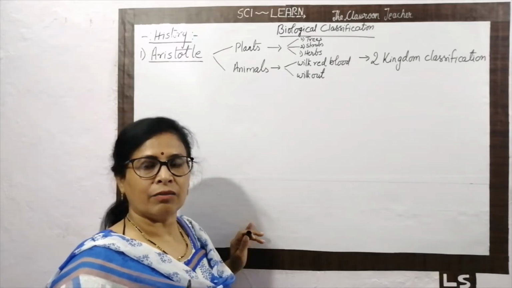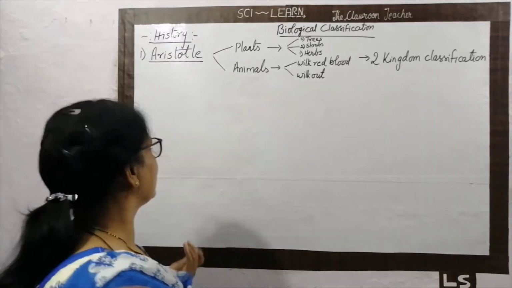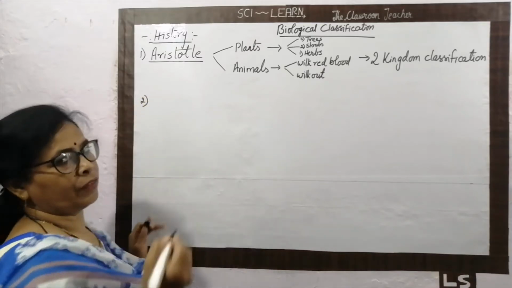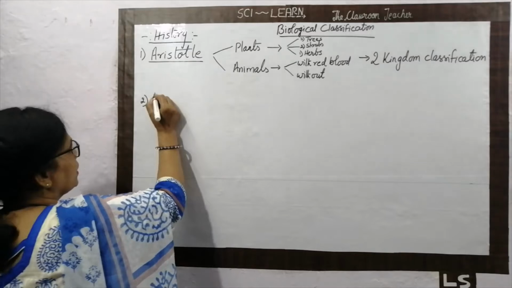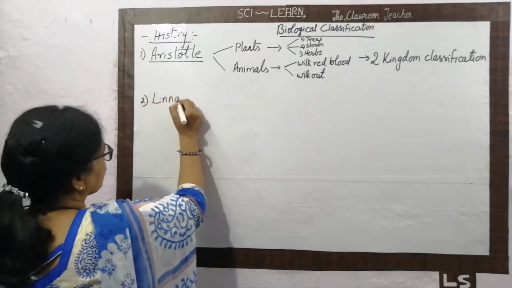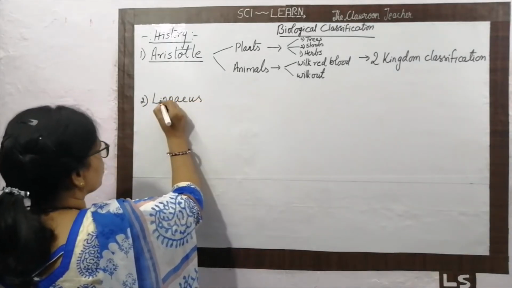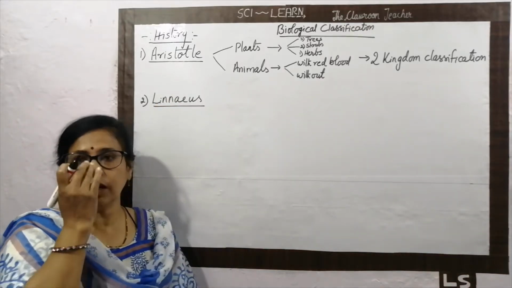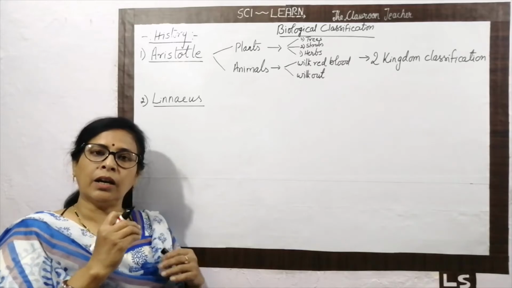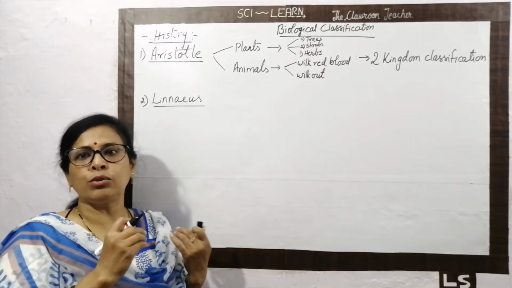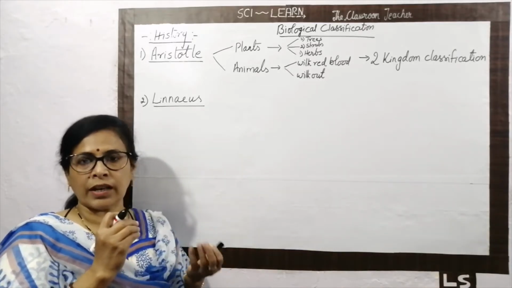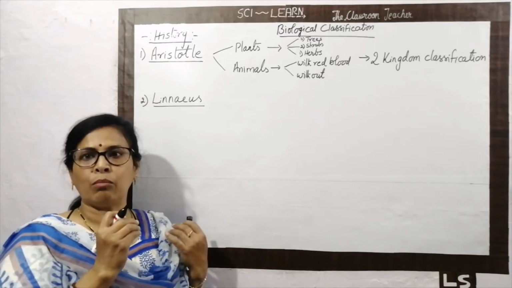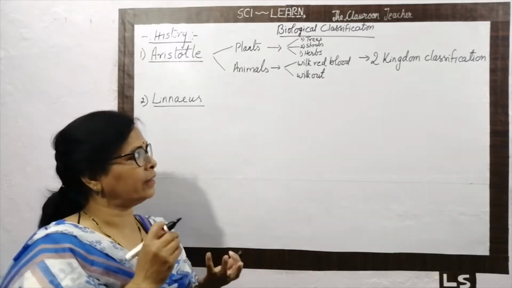After that, the next scientist is Carl Linnaeus. We know the name of Linnaeus very well. What was done by Linnaeus? Linnaeus again explained only the two kingdom classification. The classification given by Linnaeus depends upon morphological and some other characters.